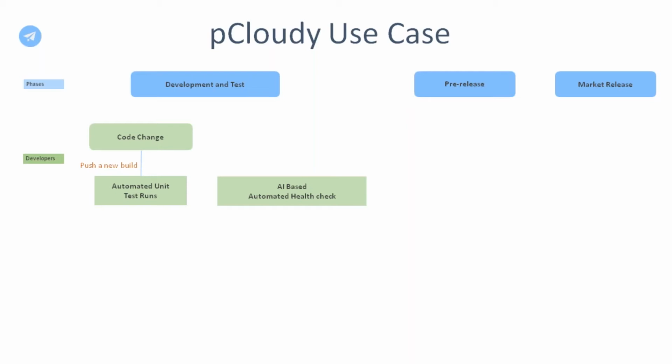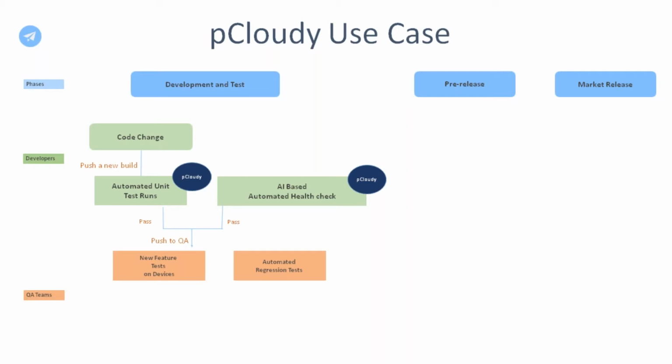So you can see that automated unit test runs can be executed by the developers. At the same time, an AI-based automated health check is possible using pCloudy. So you can get benefited not only by unit testing but also by getting the AI-based automated health check for your application.